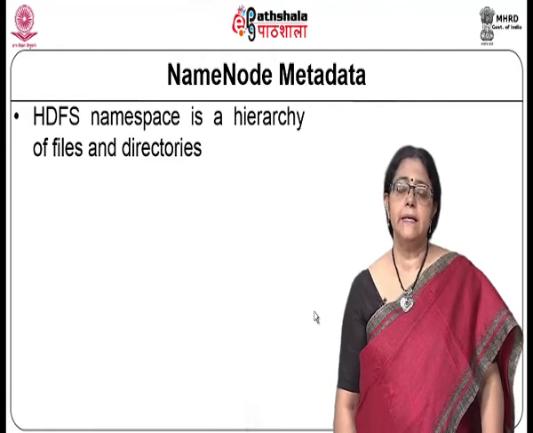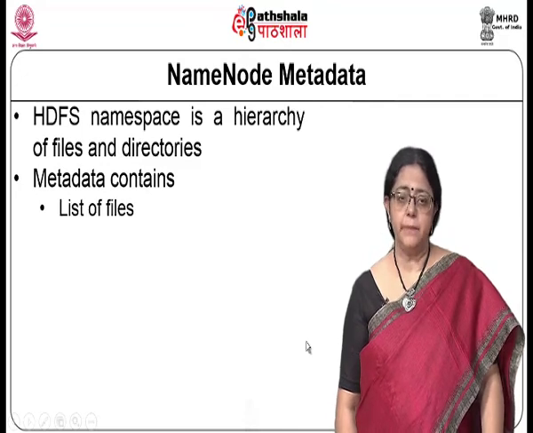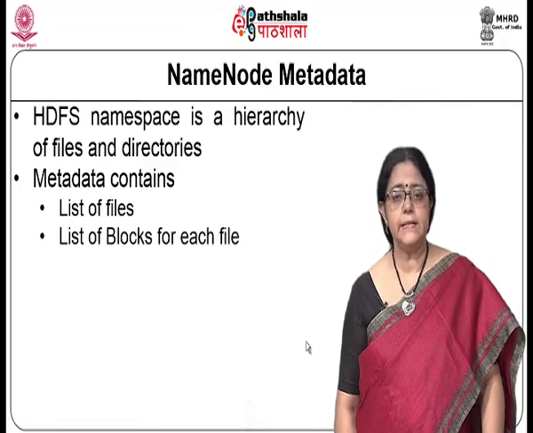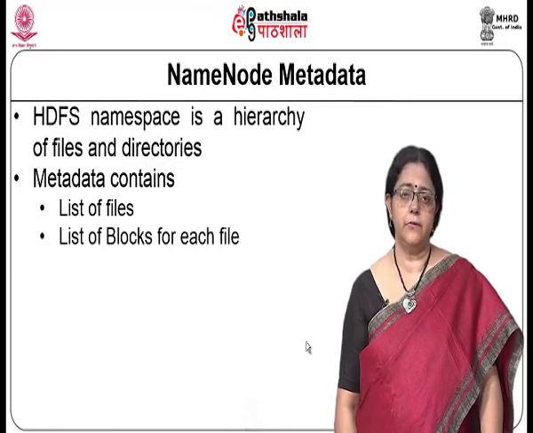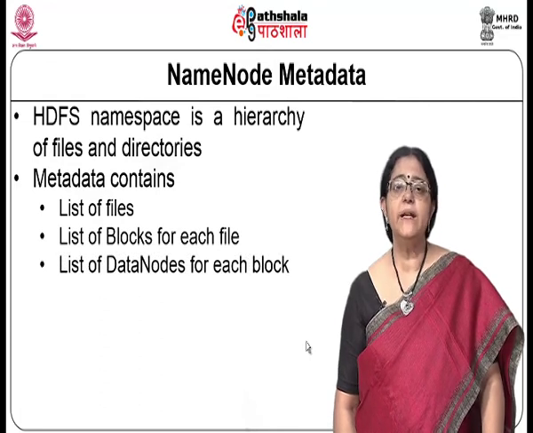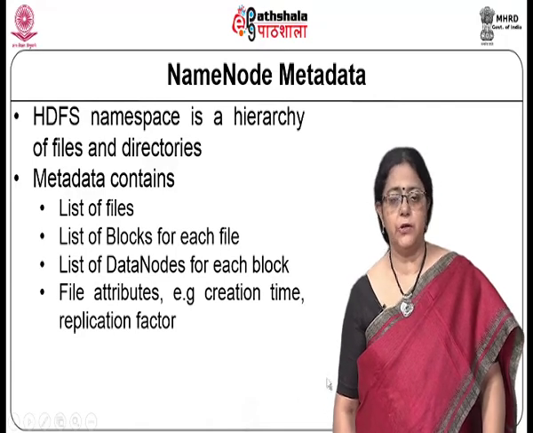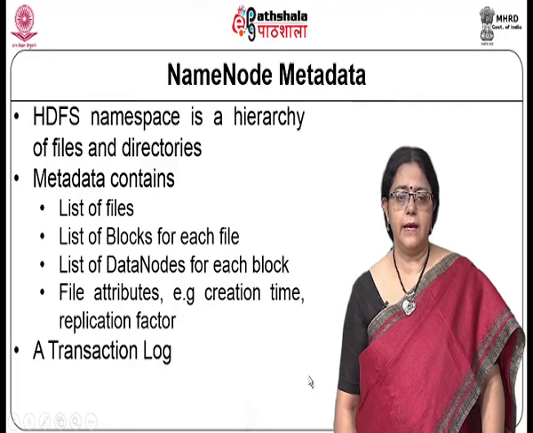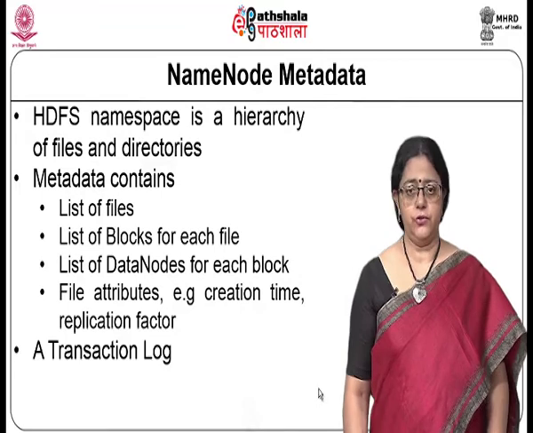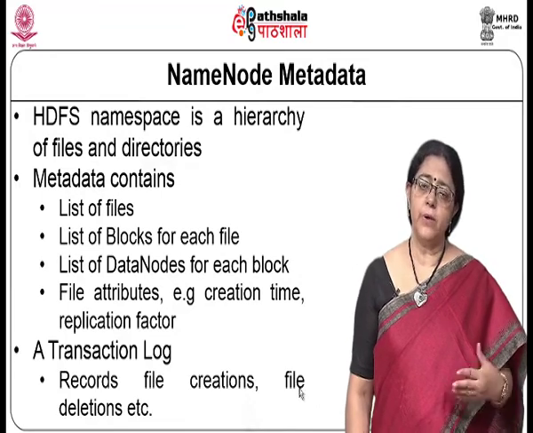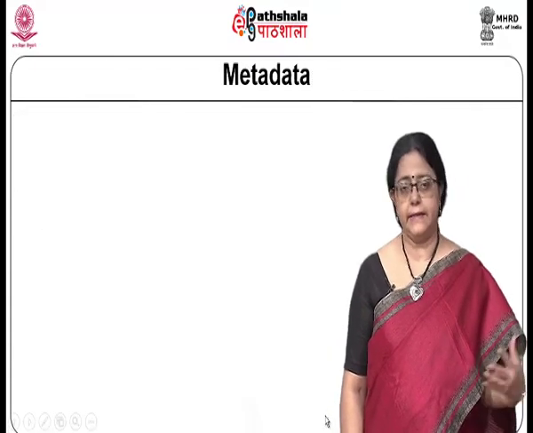The namespace is a hierarchical file and directory environment, and the metadata it contains will be the list of files, the blocks for each of the files, because the name node splits the data file into blocks, which data node contains which blocks, how many replications, and the file attributes, such as the creation time, the replication factor, etc. It further maintains a transaction log to ensure fault tolerance, which is the record of what files were created, what have been deleted, how they have been updated, etc.